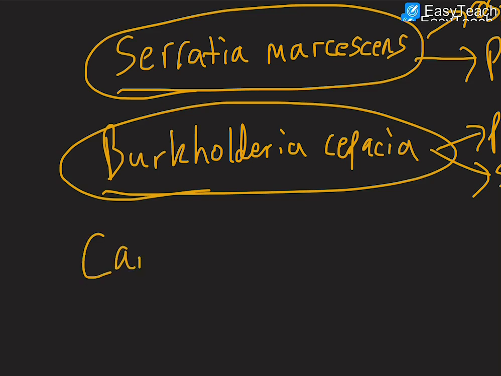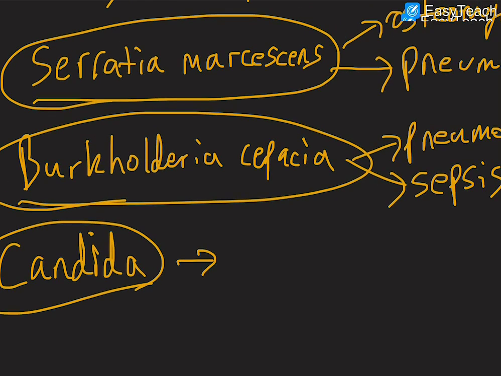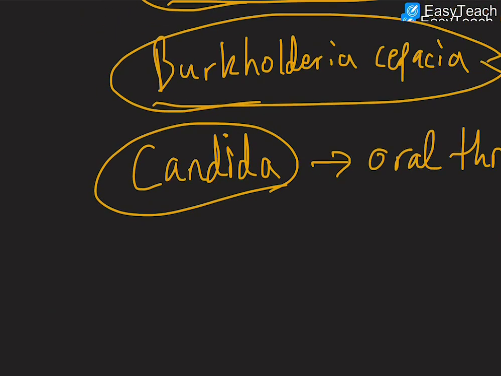So Candida is also an organism that's catalase positive. Of course, it's a fungus, and we know Candida can cause oral thrush, right? Even E. coli is an organism we should know relating to this disease, right? Remember E. coli?